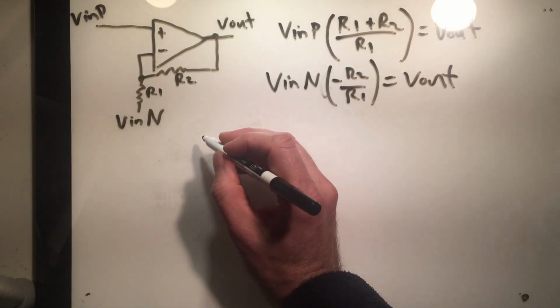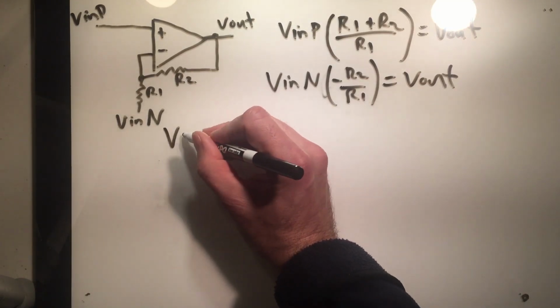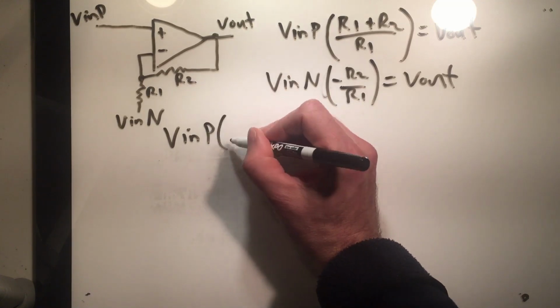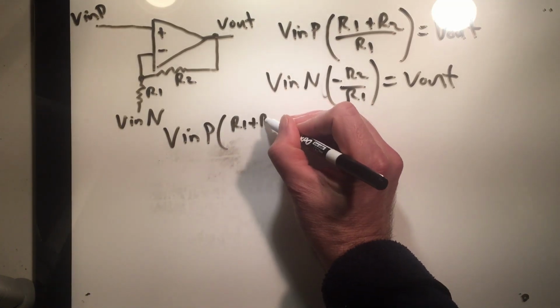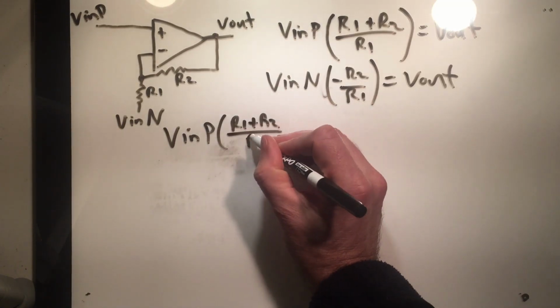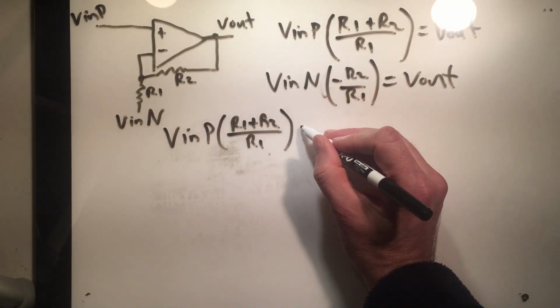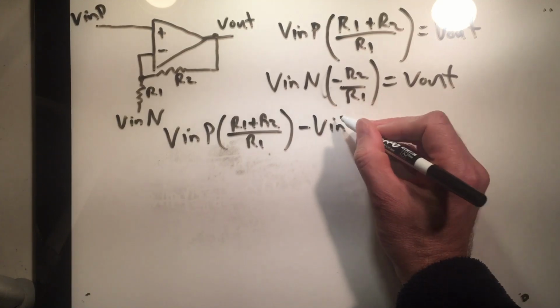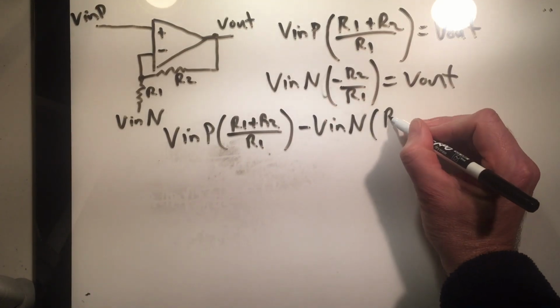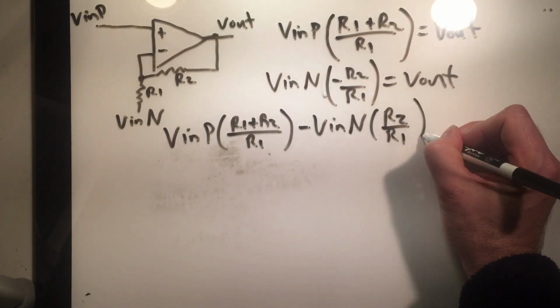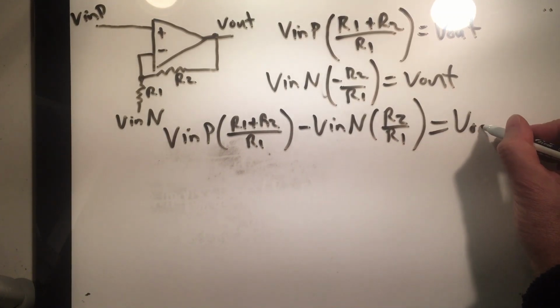So we could combine both of those. So you have V in positive times R1 plus R2 divided by R1, and then here we'll just put this minus sign out here, minus V in negative times R2 over R1 equals V out.